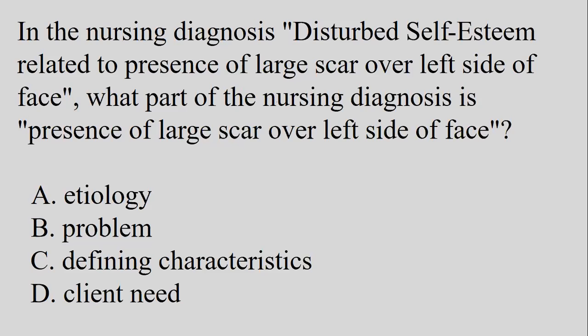Okay, let me see if I can get this. Would it be the defining characteristic? No, I believe it is the etiology. I was just looking for it in the book so I could go over it with you guys.